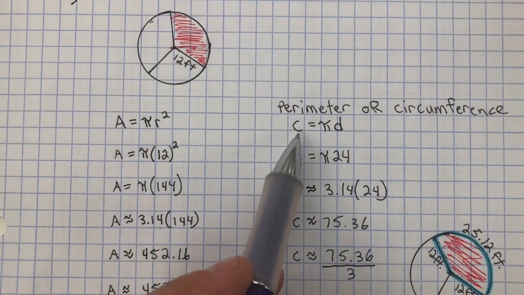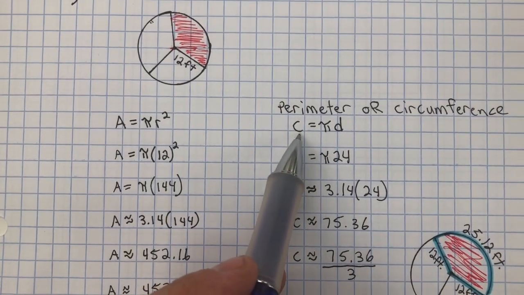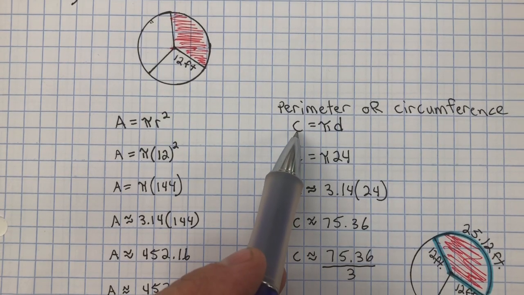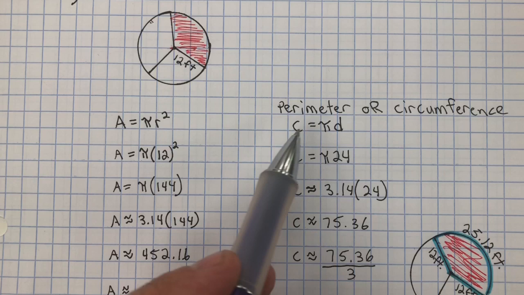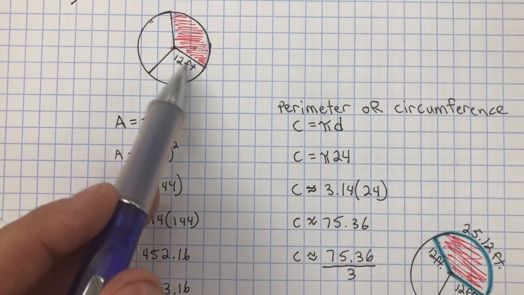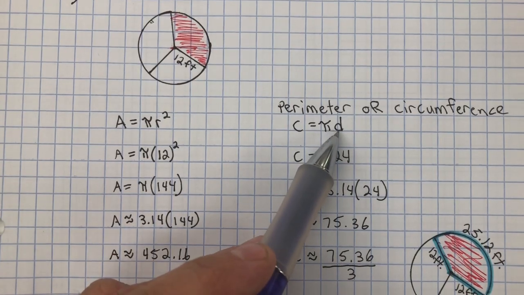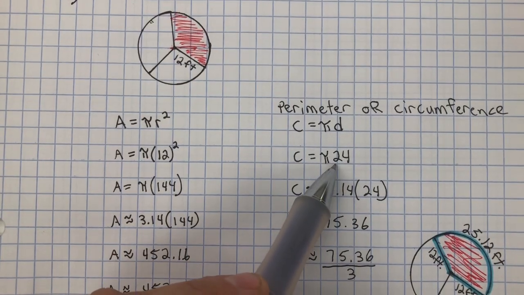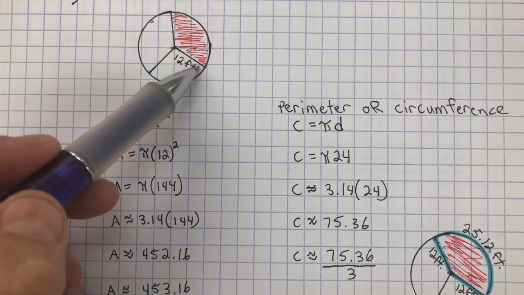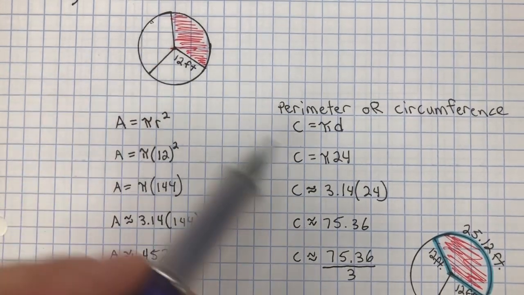So I'm going to start out with the circumference equals pi times the diameter. The way I remember it, cherry pie is delicious. We already know that the radius is 12, so the diameter is going to be 2 times the radius, so it's 24. Because if we were to go all the way across, 12 plus 12 is 24.